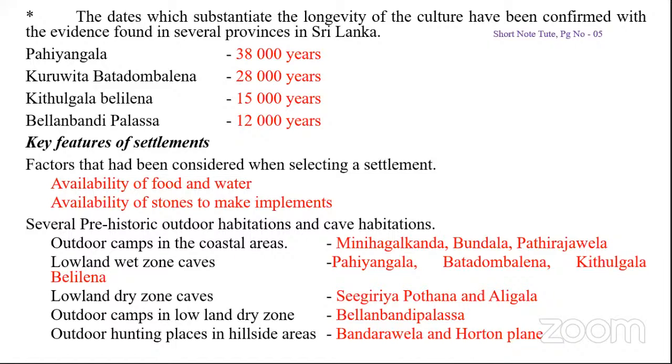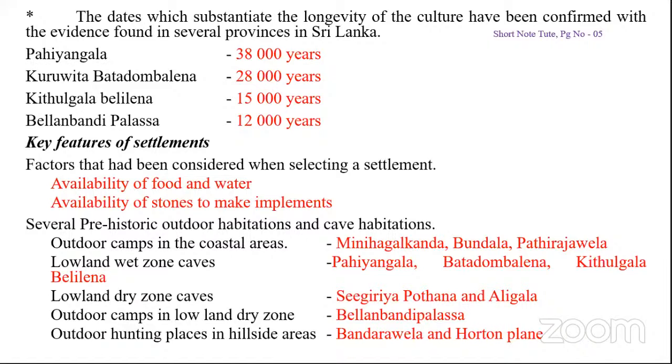Right. So now I will recall some of the questions that had been given in previous past papers. What was the place with the earliest culture? It was Pahiyangala. How many years old? 38,000 years. These things have come frequently, prehistoric outdoor habitations and cave habitations, even in MCQs and short questions.